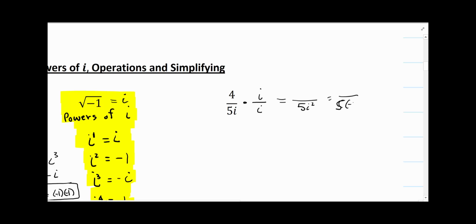So we have 5 times negative 1, which is negative 5. And in the numerator, we just have 4 times i, which is 4i. And to simplify, we don't want to leave this negative sign down there. So it just simplifies to negative 4i over 5. And if we are writing this in standard form, you would write it as 0 subtract 4i over 5. That would be one way you could do it. Although most of the time we're not going to write the 0. But this would be standard form.